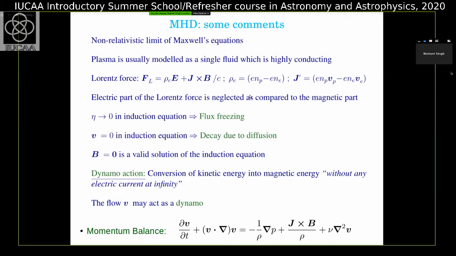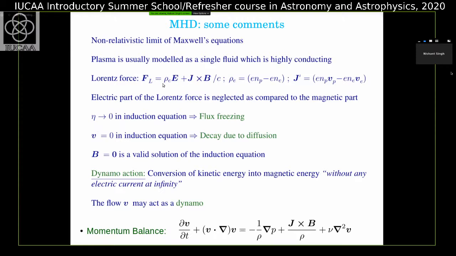So these electromagnetic fields will also exert force in the momentum equation. You remember the momentum equation in fluids was written down without this J cross B. J cross B is your Lorentz force. And you see that I have not written down an electric field here. You can work it out yourself. It's an easy enough calculation.